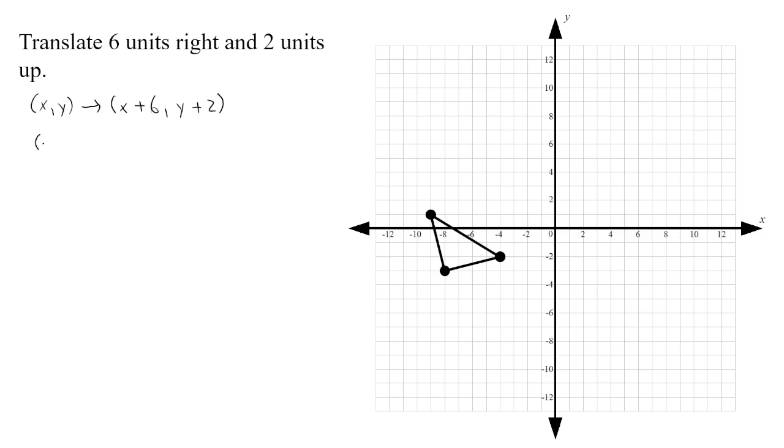We have -9, 1. We have -8, -3. And we have -4, -2. So now we're going to plug these points into the transformation rule.